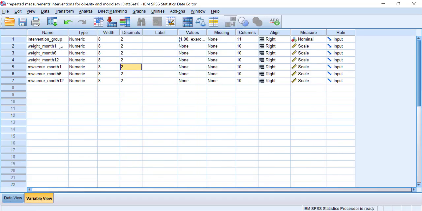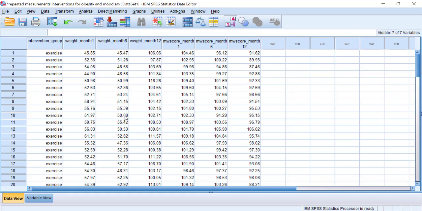We have just typed in the names of the columns in the variable view. The weights and the mental well-being score are all scale, while our intervention group is nominal. That's for the variable view. Then this is the data view.